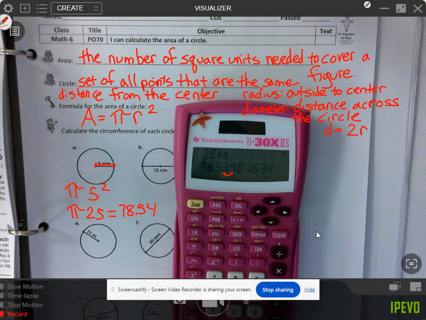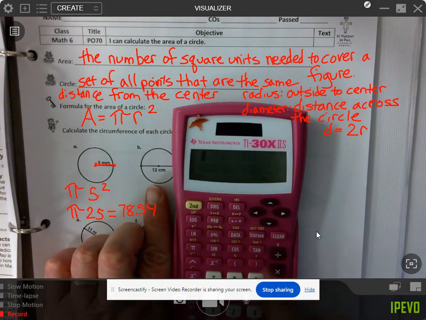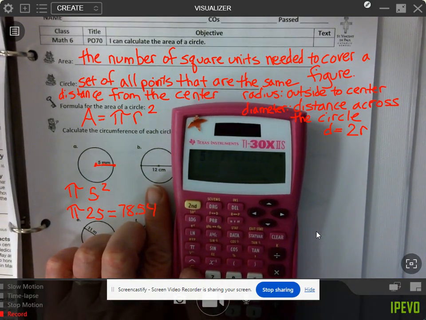Ava. So for the first one that you have, would it be pi times 5 squared, or 5? I said I would do 5 squared and then multiply that by pi. So if you're putting it into your calculator, I would do 5 squared times pi.